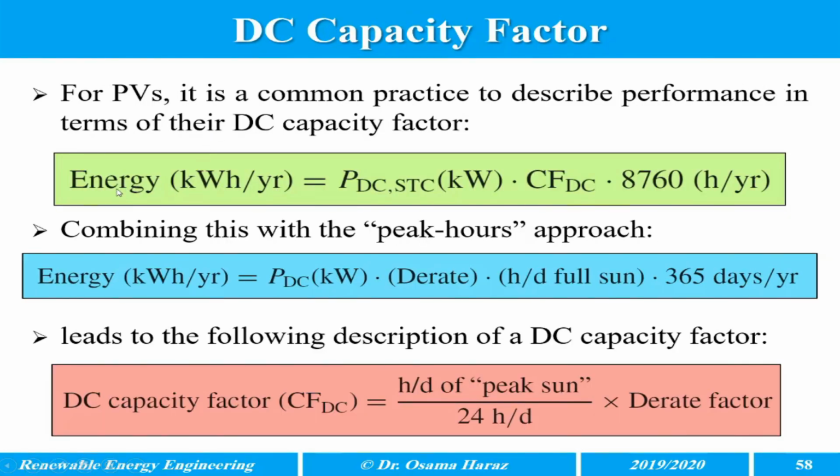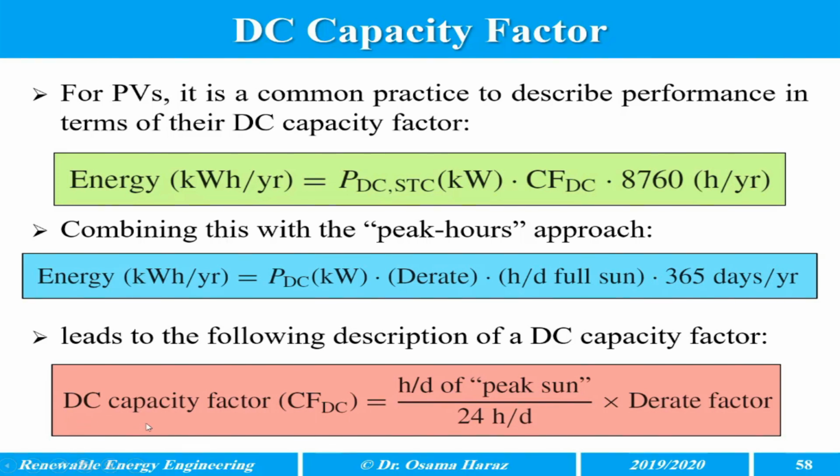Then we can formulate the energy per year in terms of the power DC STC multiplied by the capacity factor DC multiplied by 8760, and combining these together we'll end up with the energy production per year equal to PDC STC multiplied by D rate multiplied by H over D multiplied by 365 days.